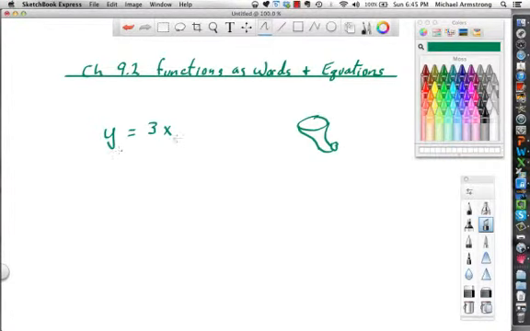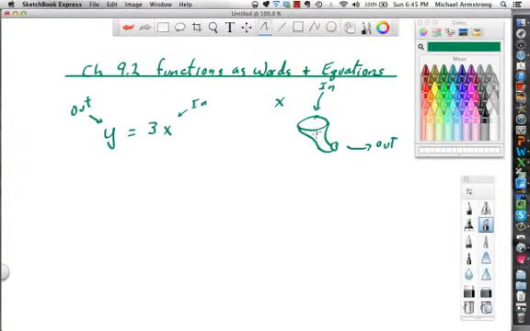Well, this function machine, whatever input, see, the x is the input and the y is the output. And so whatever goes in, something else comes out on our little machine.